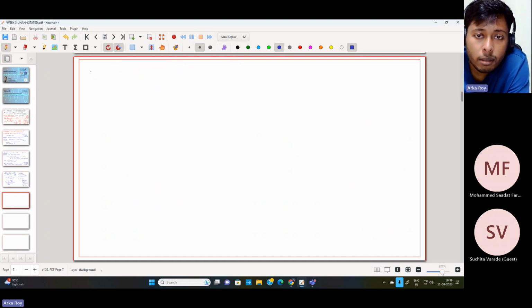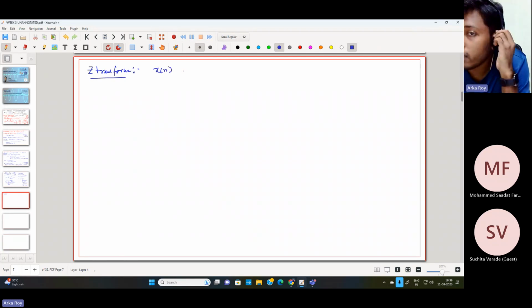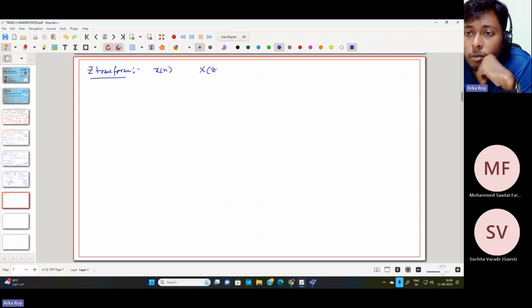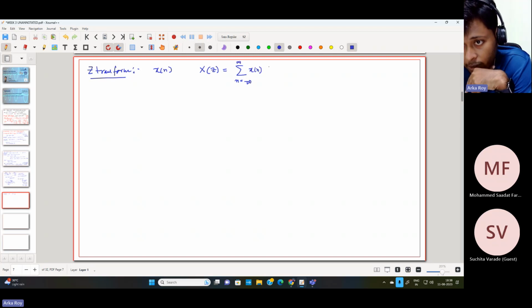Now we'll have a quick look at the Z transform. If we have a sample signal x(n), we can define the Z transform as X(z) equals the summation, n varying from minus infinity to infinity, of x(n) z to the power minus n. So this is basically the Z transform.